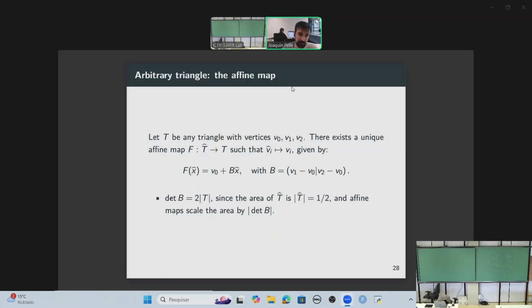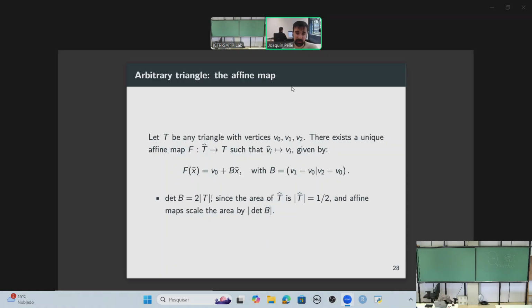So first, we can see that the determinant of the linear part of the map is essentially 2 times the area of the arbitrary, let's say, physical triangle. And this is because the area of the reference triangle is simply 1/2.